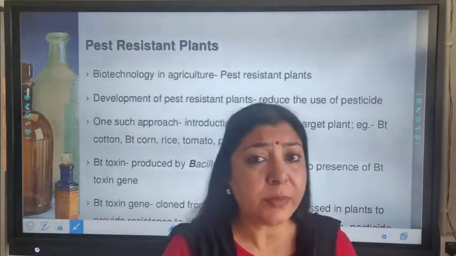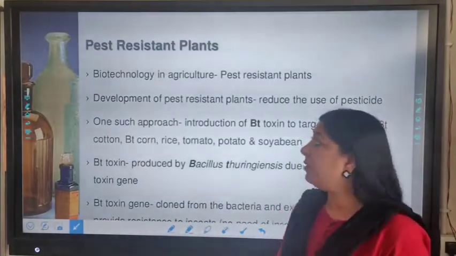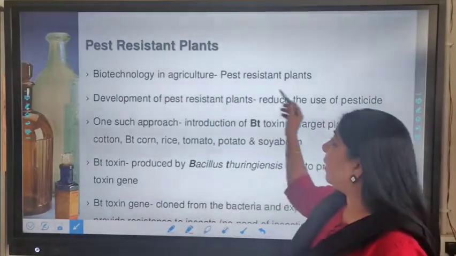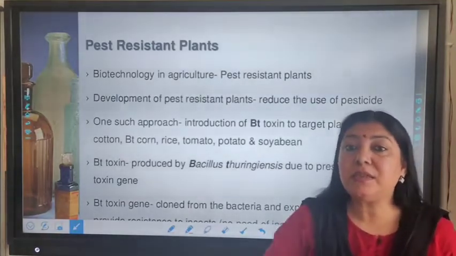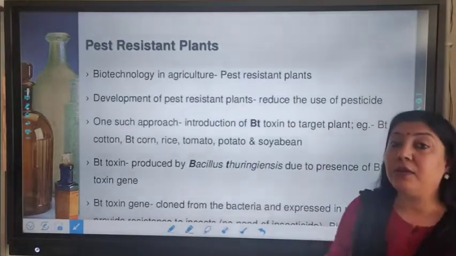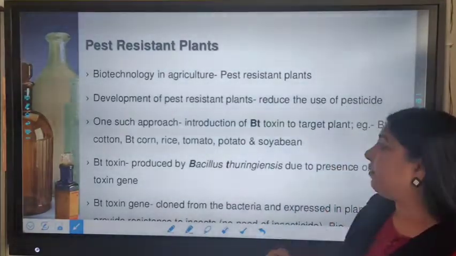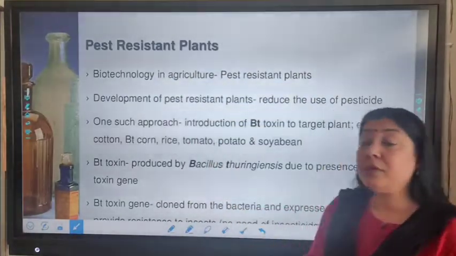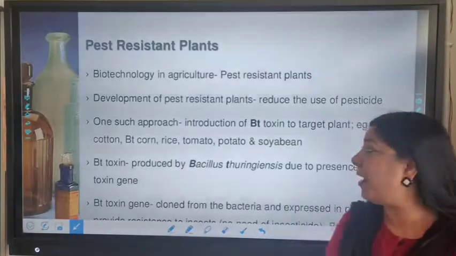Then how to control these pests? The answer is with biotechnology. Biotechnology in agriculture can be used for developing pest resistance in the plant. Development of pest resistant plants will reduce the dependence on pesticides. One such approach is the introduction of Bt genes in the plant.